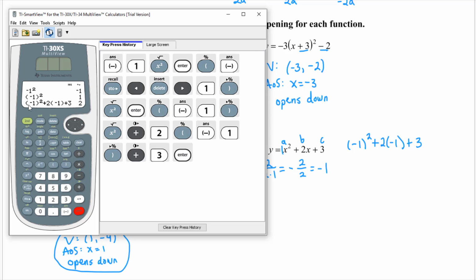And what's neat about typing it all into the calculator is that then you could scroll up and edit this and just change what number you plugged in. Like if you realized -1 wasn't right, you could go in and change it and not have to type the whole thing back in. Or you could scroll up and see what your previous answers were.